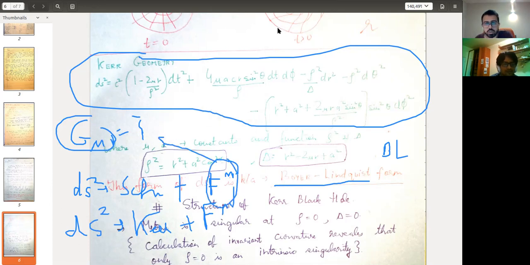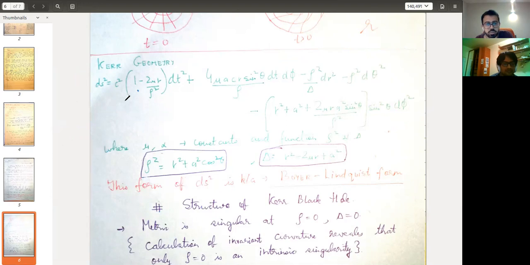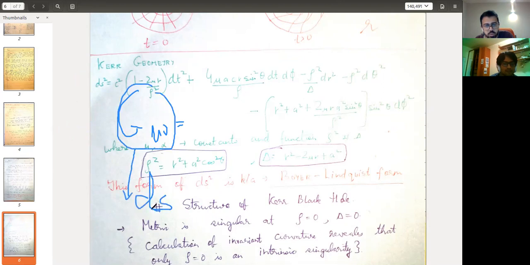So I should write it again because this is not correct. You have the left hand side of the Einstein field equation, g mu nu, which represents the space-time geometry given by whatever you want. You can have ds square. Then you have the right hand side of the Einstein field equation, which consists of the matter you want to study.